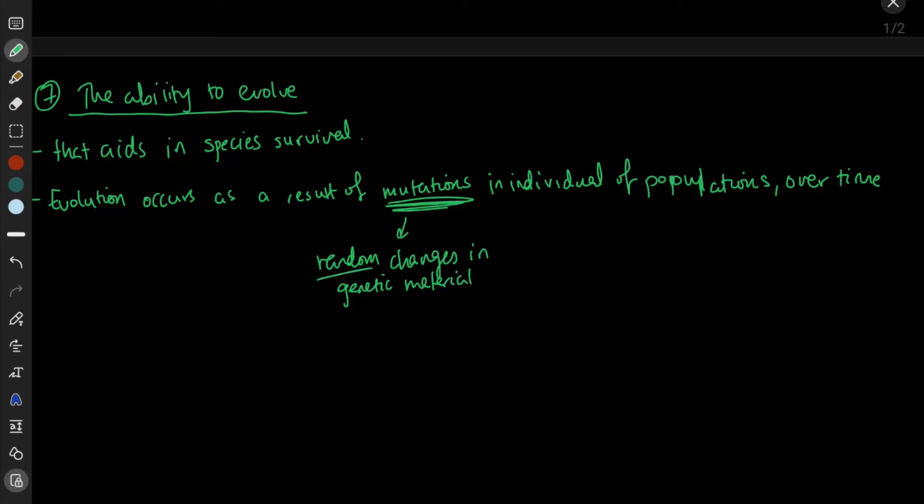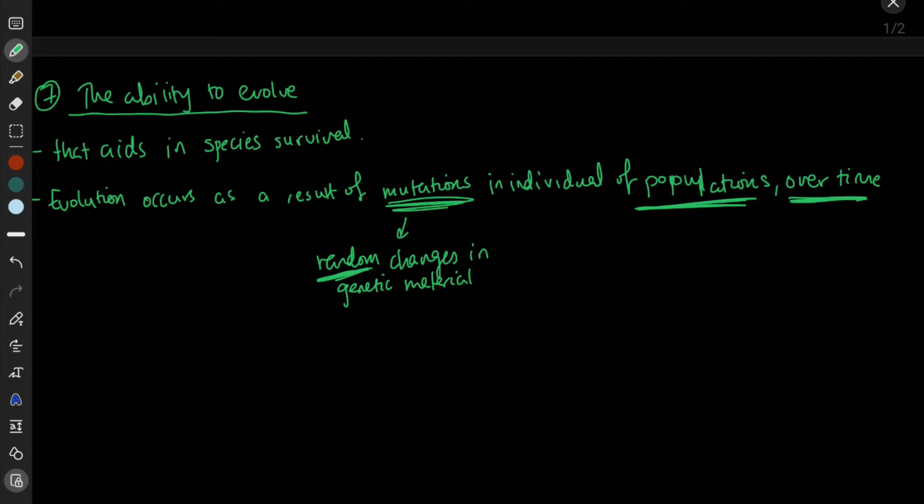So evolution occurs because of mutations, and mutations are random changes, which means that an individual cannot just choose to evolve one day. An organism can't wake up one day and say, oh, I'm going to decide to evolve. It doesn't happen like that because these changes in genetic material happen randomly, right? And so that's one thing.